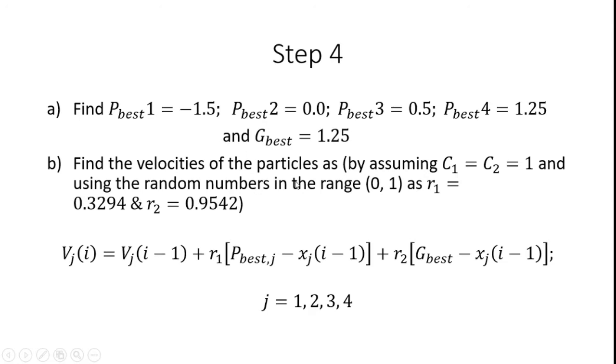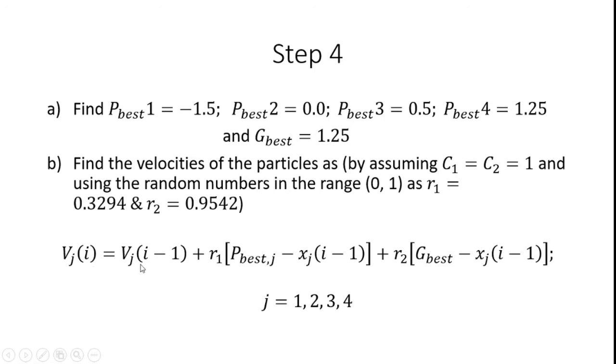Then find the velocity of the particles by assuming C1 is equal to C2 is equal to 1 and using random numbers in the range of 0 to 1. Generally, for moving the initial position to the next position, we generate a random number within 0 to 1. Already you are aware of how we generate the random number from the genetic algorithm video. Here I apply the following formula for identifying the neighborhood point.